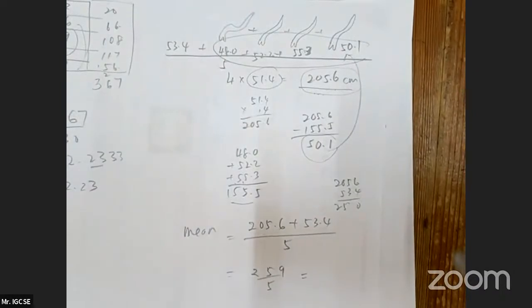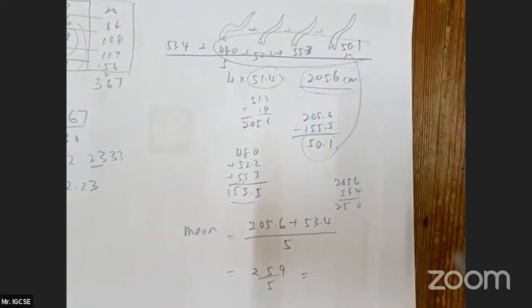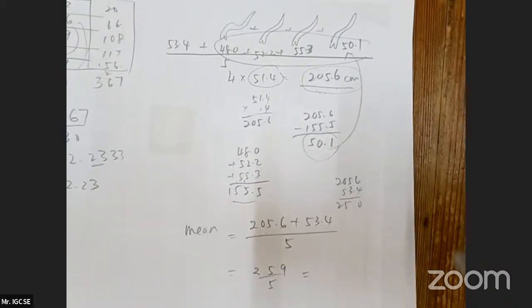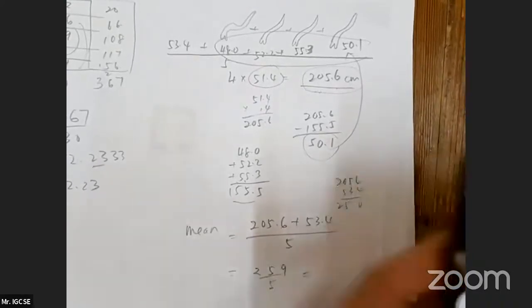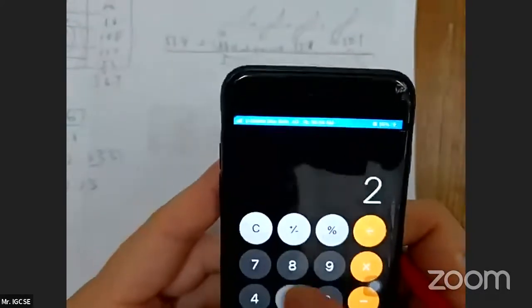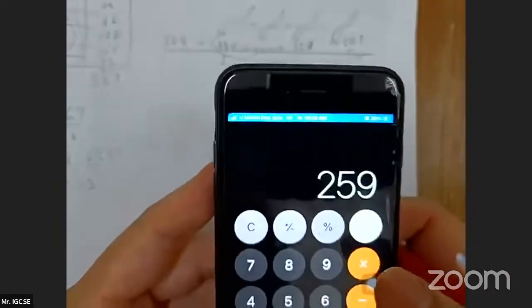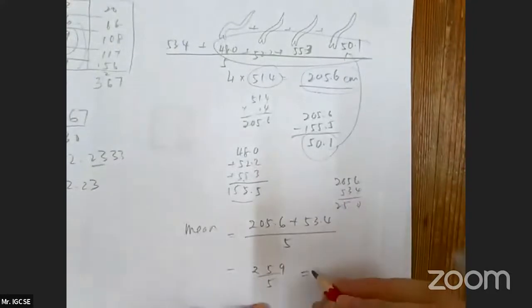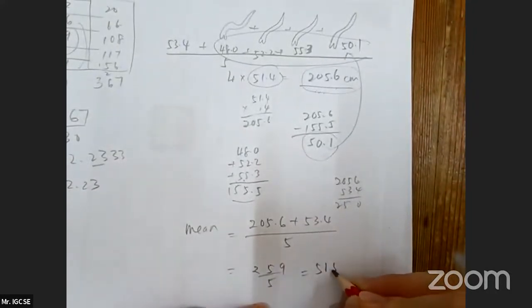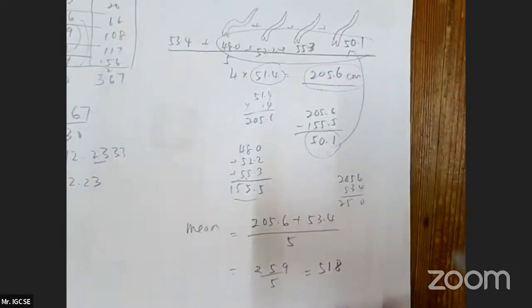A calculator will be needed for this one, because otherwise you have the small decimal. I think it's about 51.8. Let's see. 259 divided by 5, you'll get, yes, 51.8. This is the answer for number 8.